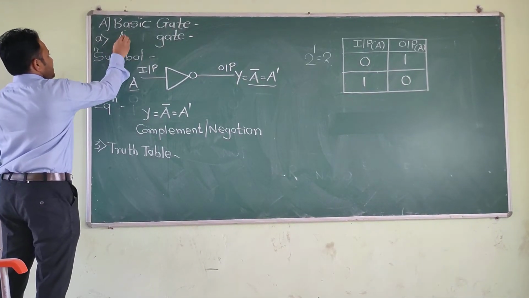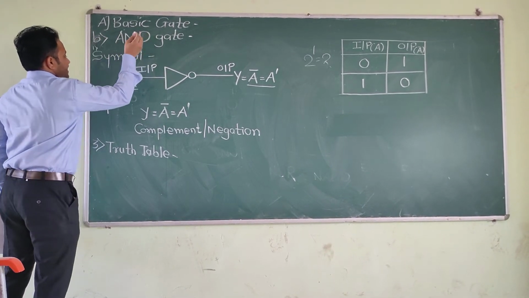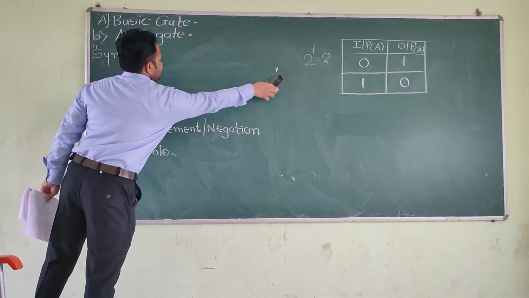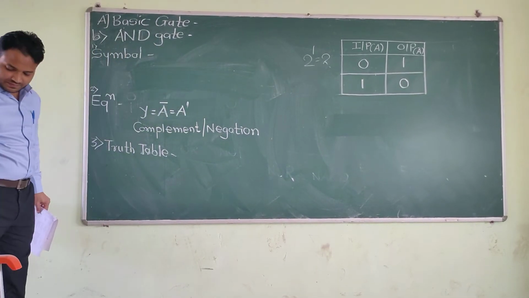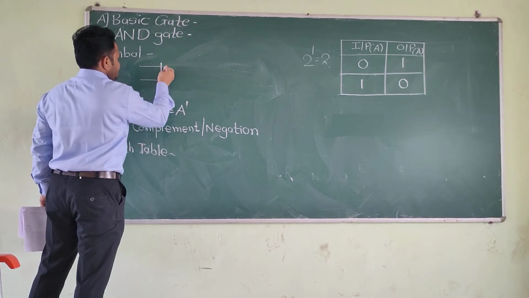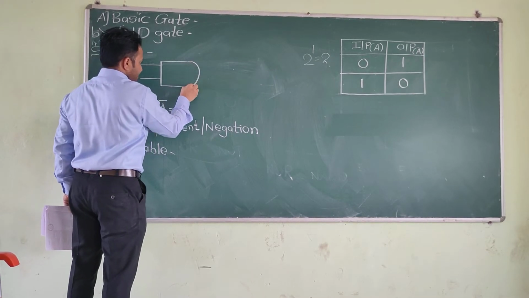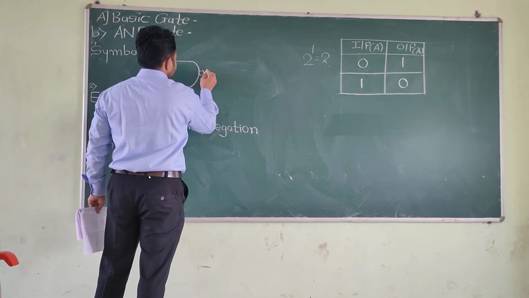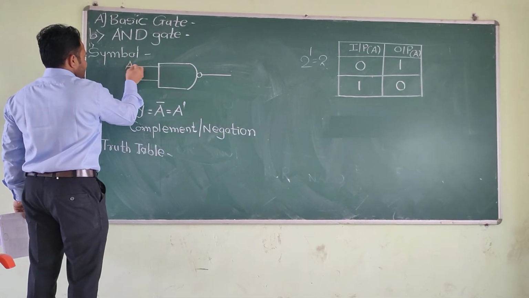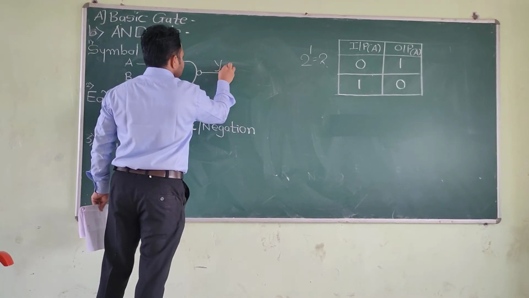Here the second one is AND gate. The symbol of AND gate is, likewise, suppose A and B are the inputs and this is Y as an output.